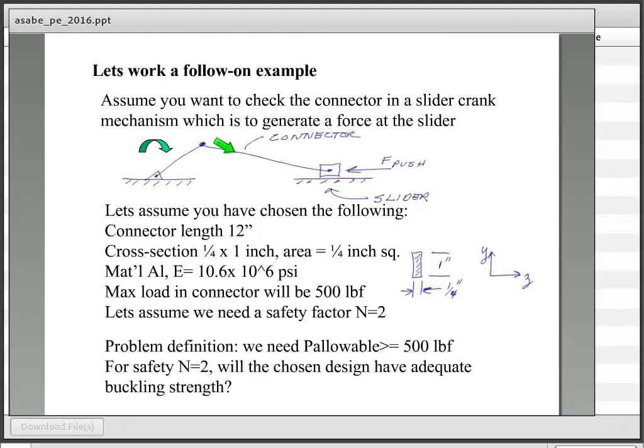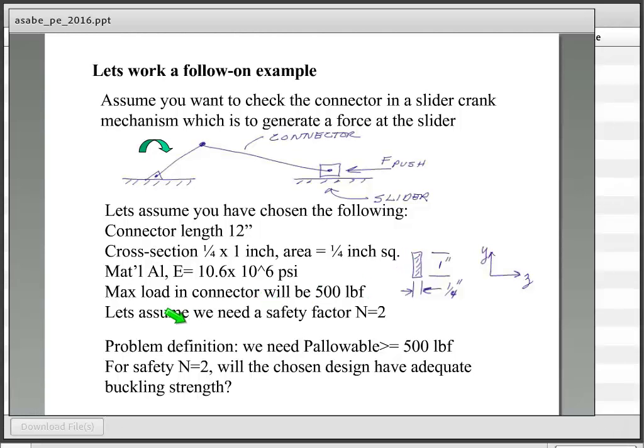So you have compressive and tensile loads appearing in this connector as the rotation takes place. It's changing direction. And so all I've done is, again, gone through thinking through which direction this thing is going to buckle in. If it buckles, your area moment of inertia would be far greater in this direction, so it'd be about IZZ in this case. The thing is likely to buckle about IYY if it were going to buckle.